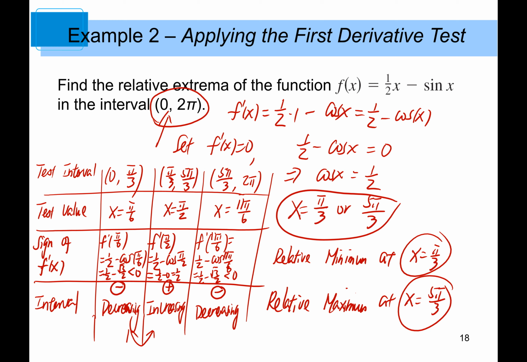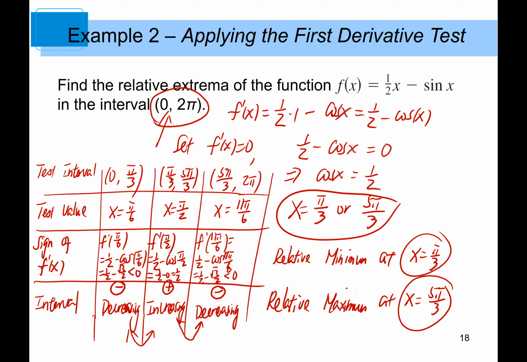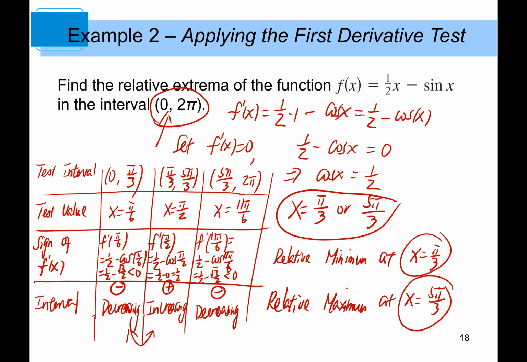Okay, because it's increasing to decreasing, then we have a relative max. Okay, so that's basically pretty much it, right? So we located both extremas.